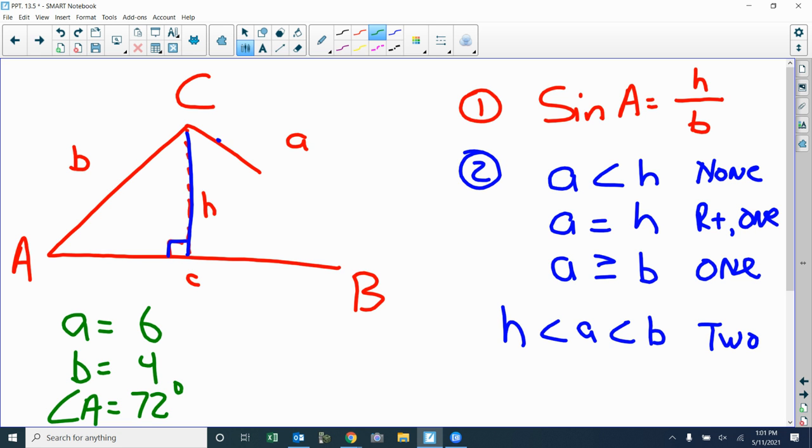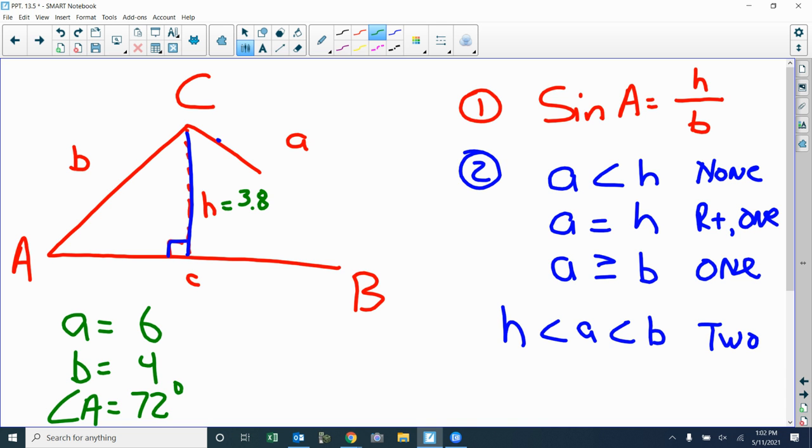Join in with me, you can. It's just a simple trick. Sine of the angle is opposite over hypotenuse. We'll definitely need to calculate it. You should be getting something, I'm guessing, around 3.8.